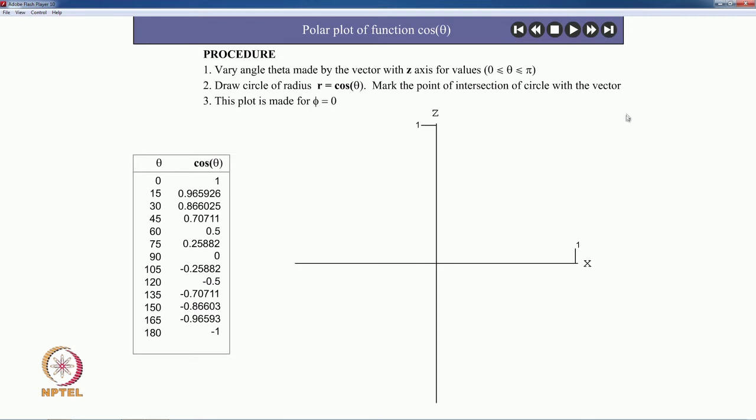So, first let me see Y_10. Here I am plotting Y_10 at one value of phi, but this function you know is cos theta. Therefore, it is the same for all values of phi. So, if we know the shape of this function for theta, then we can reproduce that shape for all the values of phi.